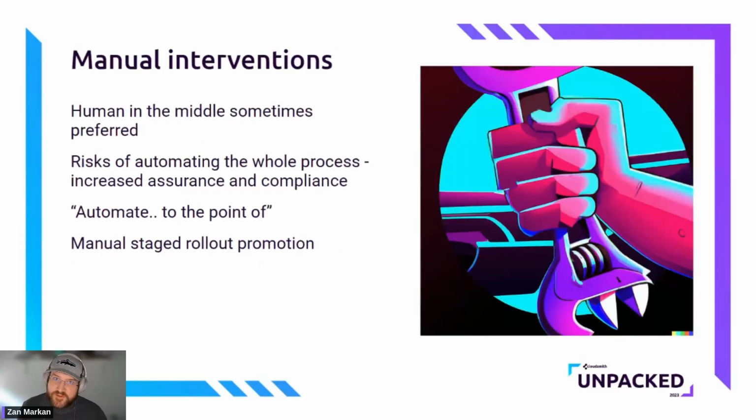So as we've established that it's great to use APIs to automate everything, we also need to take a step back and acknowledge that sometimes we want to make some manual decisions and interventions in order to have greater assurance, greater confidence, and also potentially compliance with regulatory requirements.